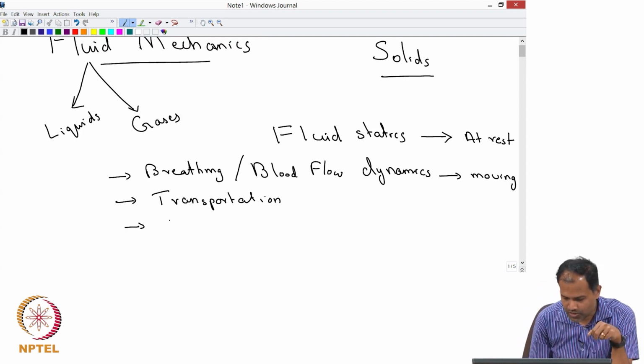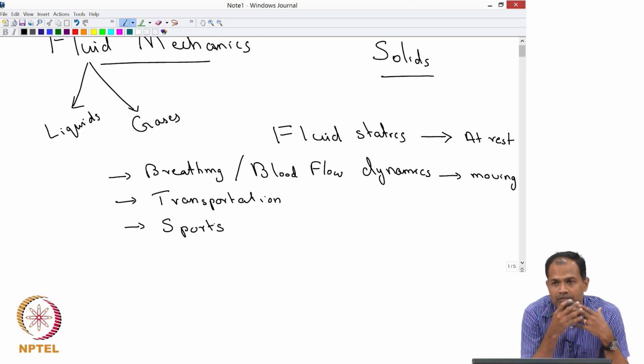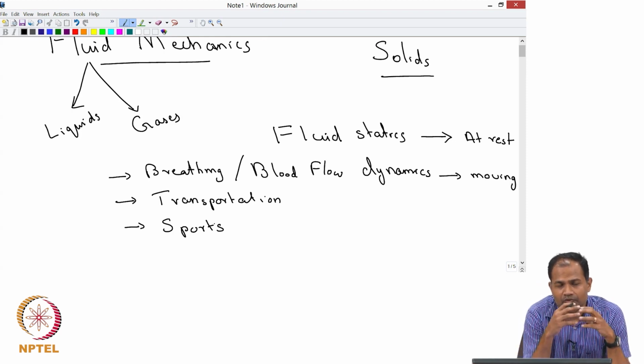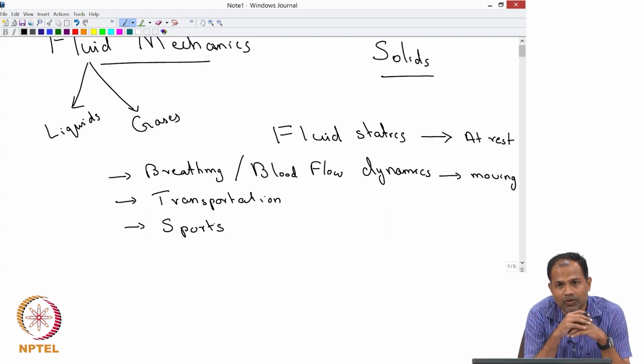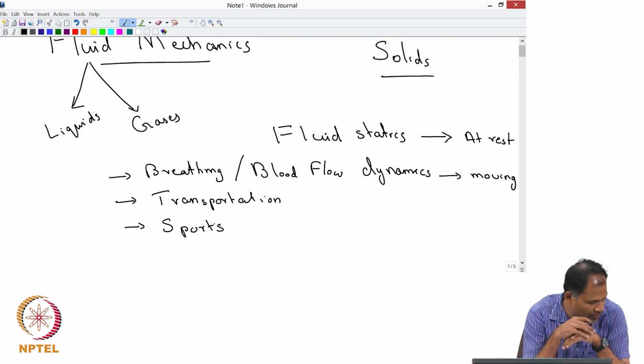Lots of sports, whether it is cricket, football, tennis or swimming, everywhere again. For example, in cricket the ball interacts with the air around it, which decides the trajectory of the cricket ball. Or when you are swimming, you are again moving in a fluid, and then you need to optimize your swimming stroke such that you can get the highest speed.